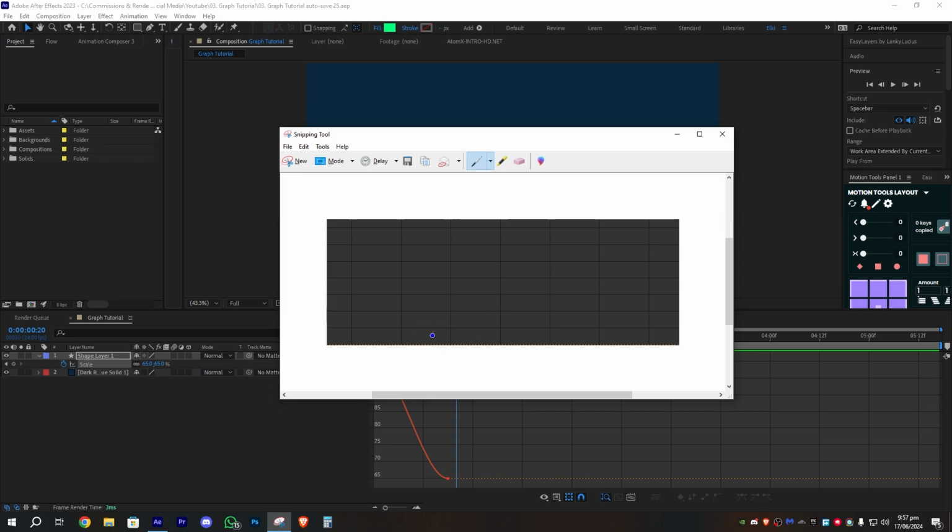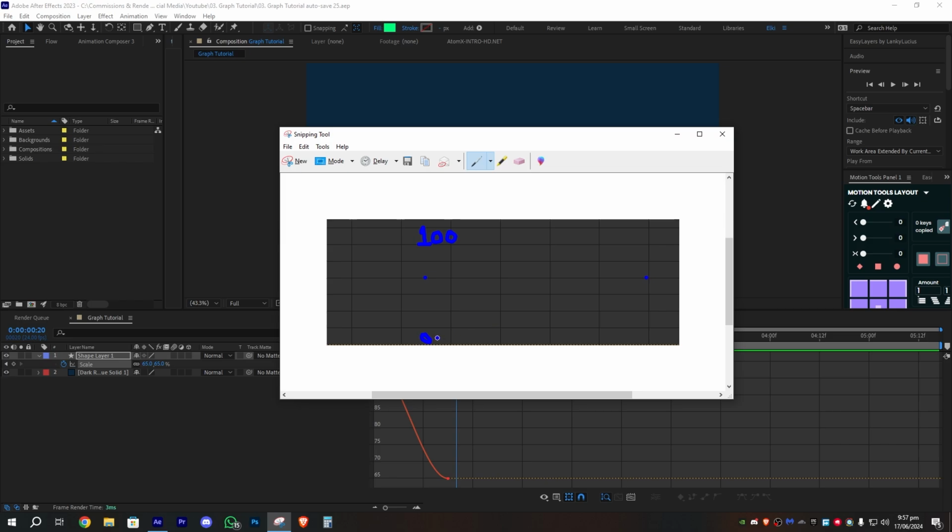So the main principle of the value graph is that 0 is at the bottom and 100 is at the top. So let's say I had a video where the starting point was here and the ending point of the video was here. How it will look in the value graph is a little different from how it would look in the speed graph.